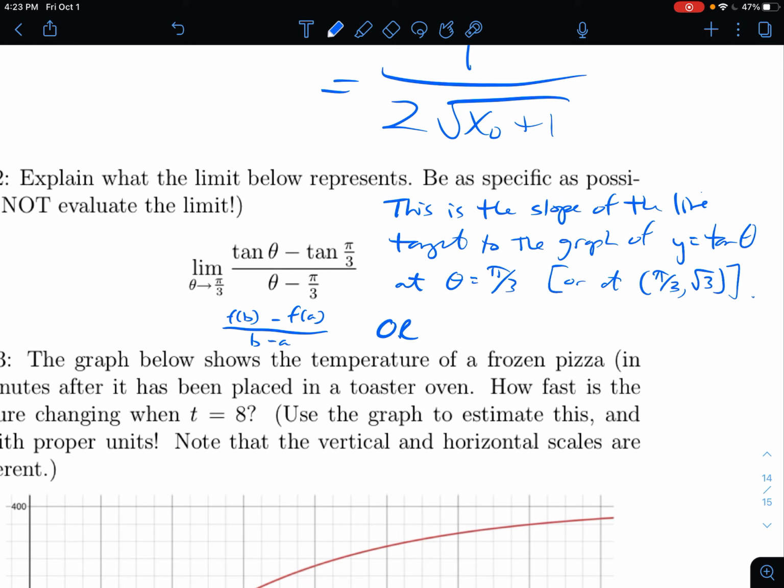Alternatively, you could have interpreted this as saying this is the instantaneous rate of change of the function f of theta equals tangent theta at theta equals pi over 3. Slope of the tangent and instantaneous rate of change are the same thing. It's just a question of perspective.